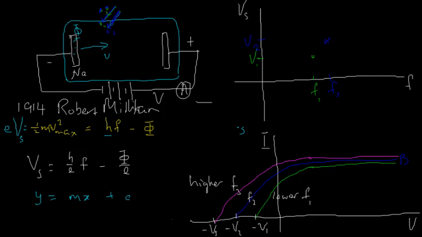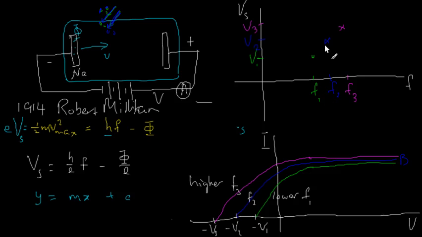And when violet light was used, the frequency was f3 somewhere there, and the stopping potential was V3 that Millikan measured. So that gives us a third point. And Millikan might have measured a few other points.